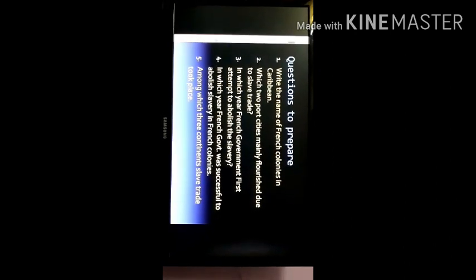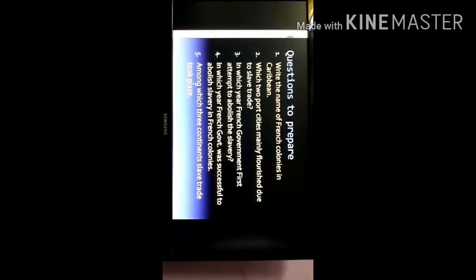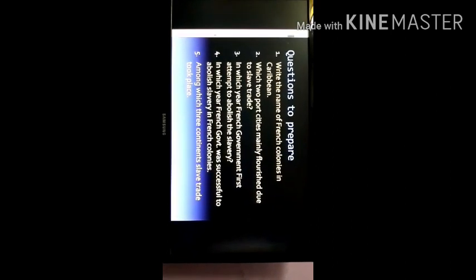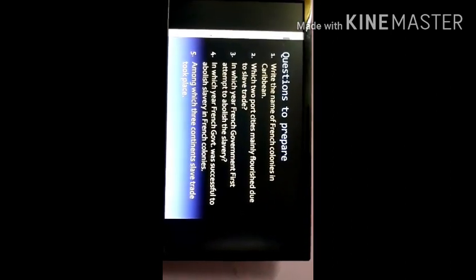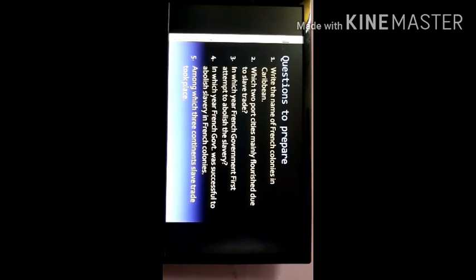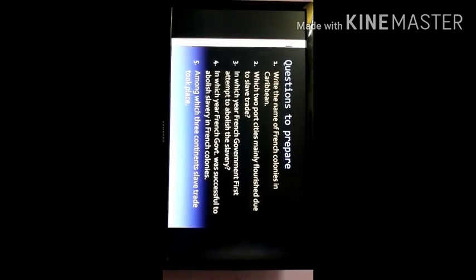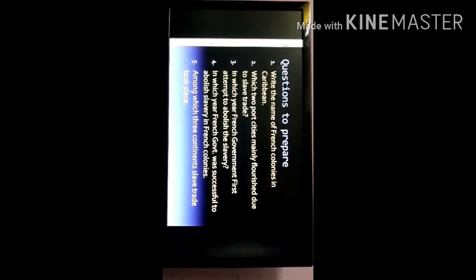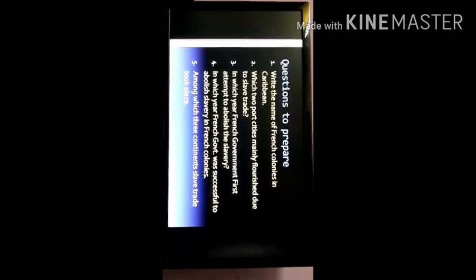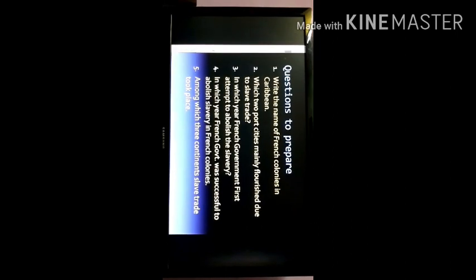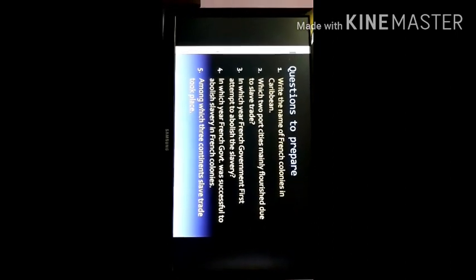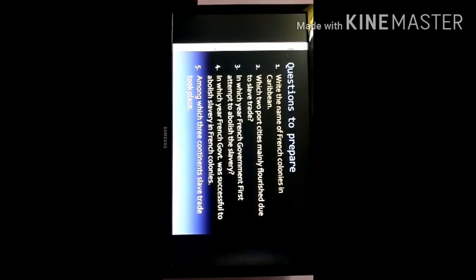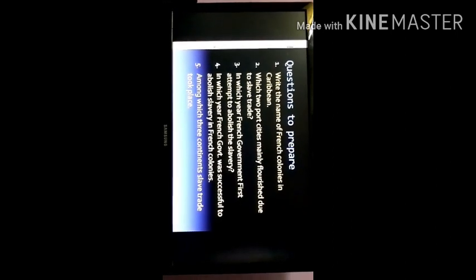Question number 3, in which year did the French government first attempt to abolish slavery? Question number 4, in which year was the French government successful in abolishing slavery in French colonies? Last question, among which 3 continents did the slave trade take place?